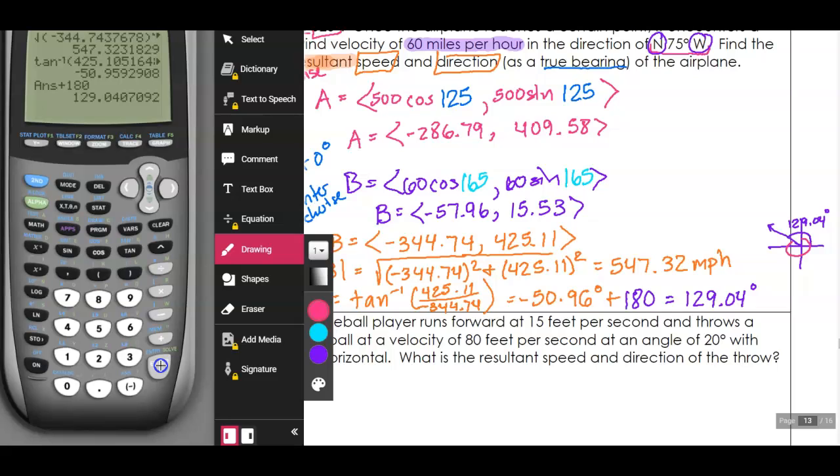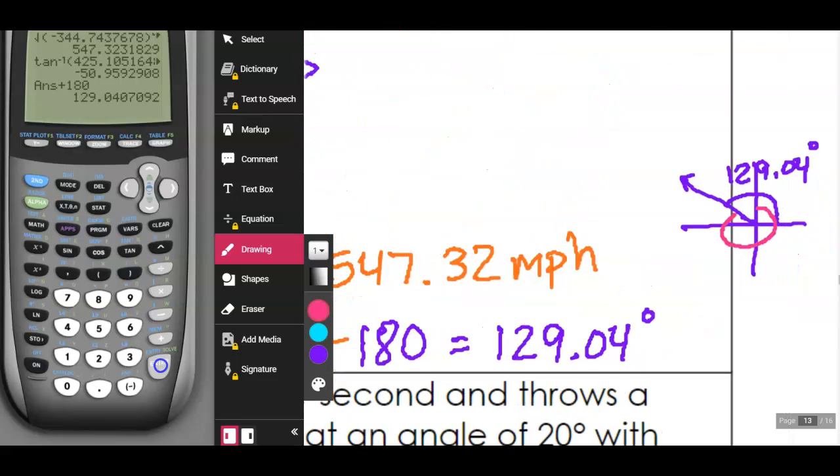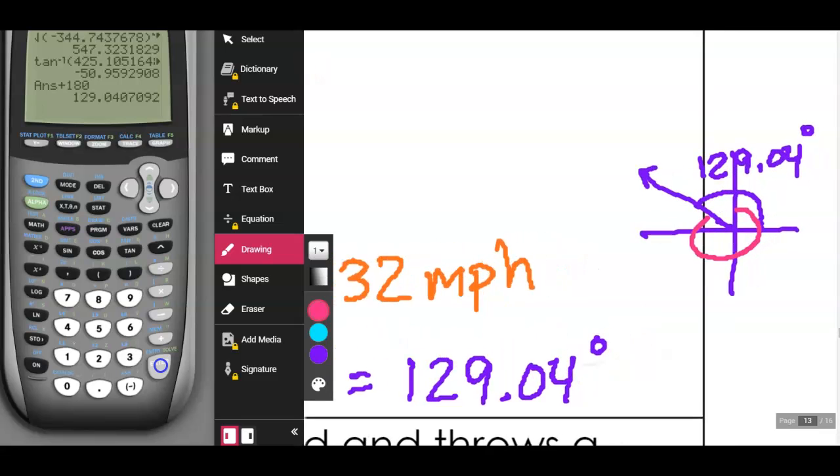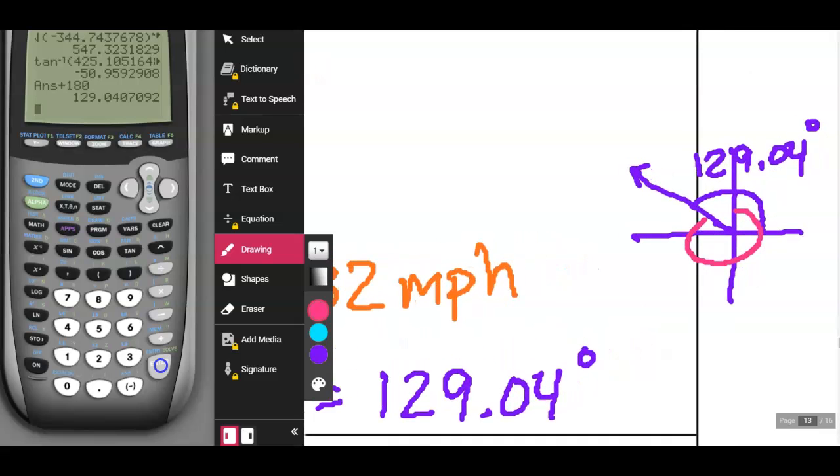There's a couple ways to get to it. Let's zoom in here. What I would do is recognize this true bearing goes through 3 quadrants, 270, and then it has a little bit more. I just need to figure out what that little bit more is.